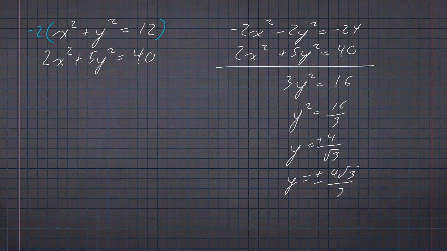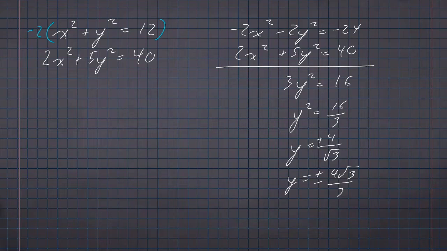All right, so I get that y squared is 16 over 3, and taking the square root of both sides of the equation, well, square root of 16 is 4, square root of 3 is square root of 3. Square root property says this could be positive or negative, and then I'll rationalize to get that y is plus or minus 4 root 3 over 3.